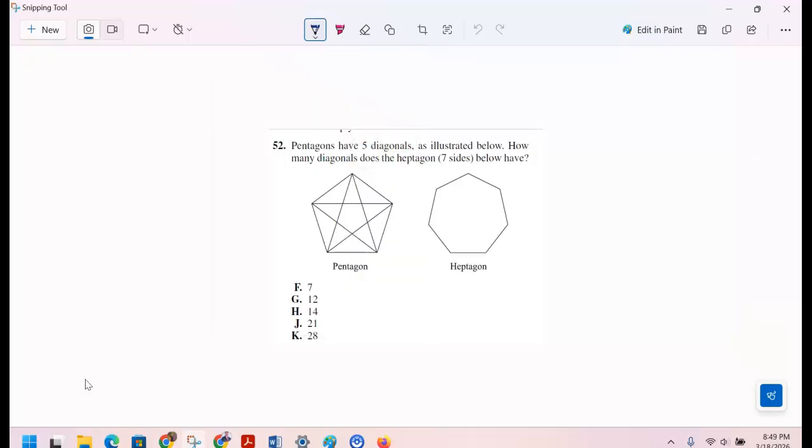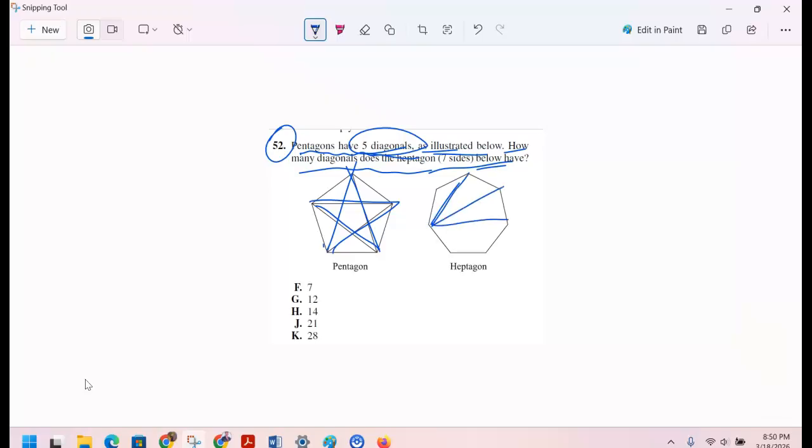Question 52 says, a pentagon has 5 sides. You can see 1, 2, 3, 4, and 5. The diagonals are shown. How many diagonals does a heptagon have? So how many do you think? One way is literally to do the work. You see 1, 2, 3, 4. Then I'll use another color.